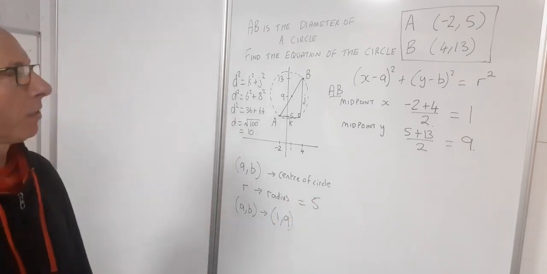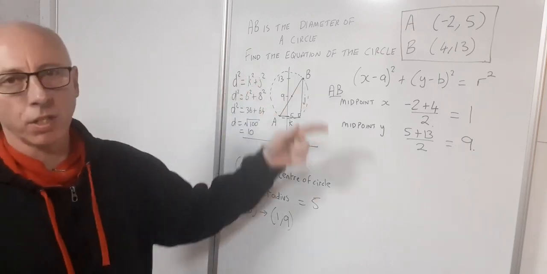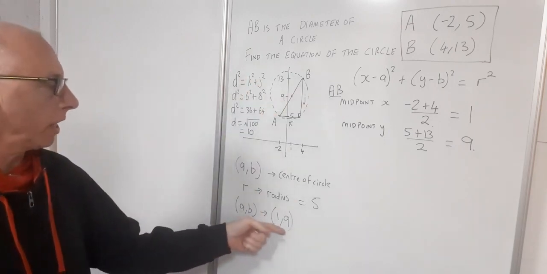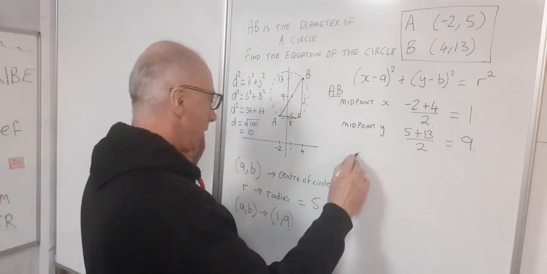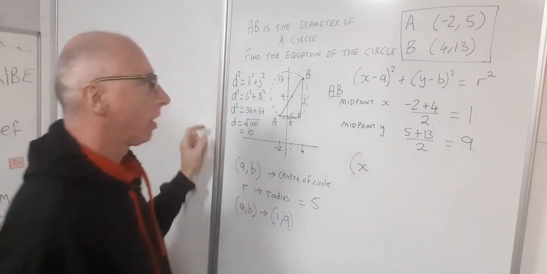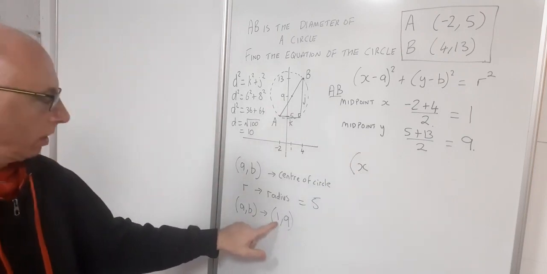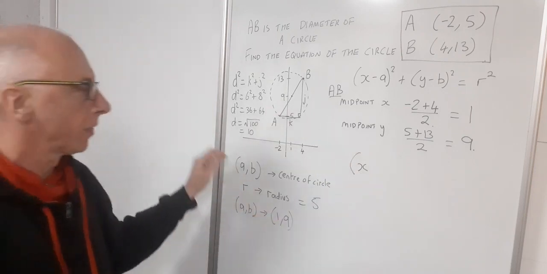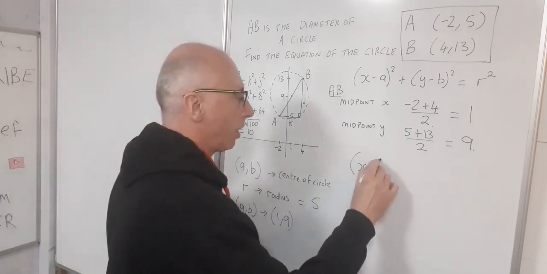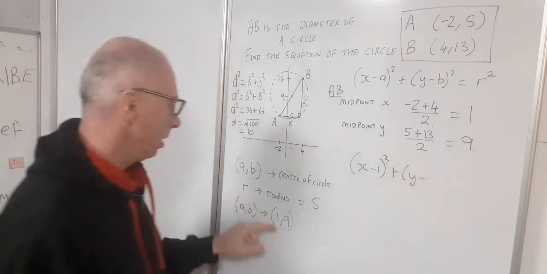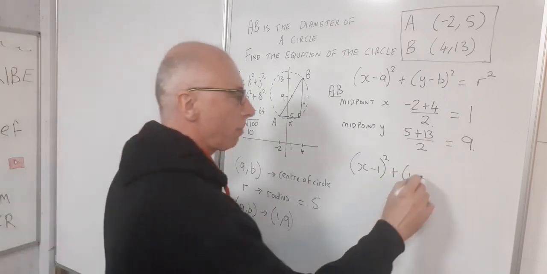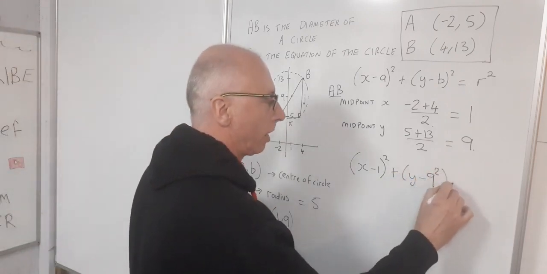So now with this information, I can find the equation of that circle, as I've got the centre and I've got my radius. So now I can write this as x minus 1, as my midpoint of x is 1, that's the centre of my circle, plus y minus b, which is 9, so y minus 9 squared.